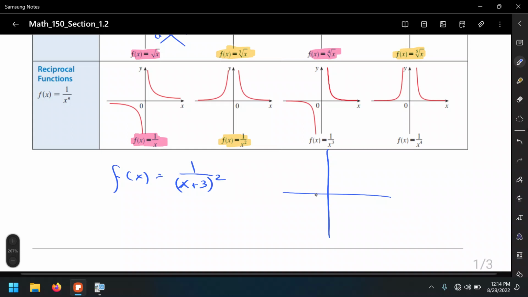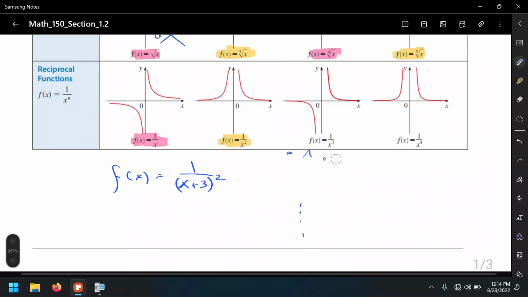To the left. So that's going to translate the vertical asymptote like this. But that's not the correct one, right? Actually, they're both pointing up in this case. But shiftings and translations, we're going to do that next time.